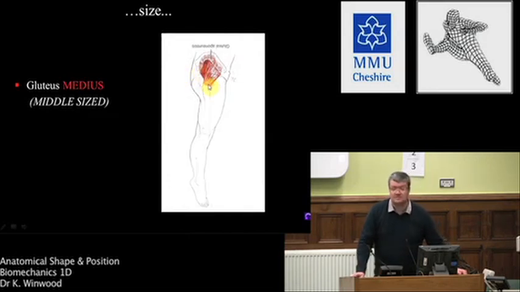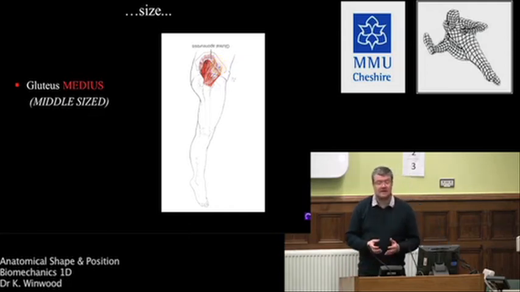Here you can see that it's part of the gluteal group. It's a medial muscle, smaller than the maximus, with its own insertion and origin. You can see here that it forms from the greater trochanter region of the femur up to the iliac crest of the pelvis. So we can see now that we're getting descriptors within anatomy.